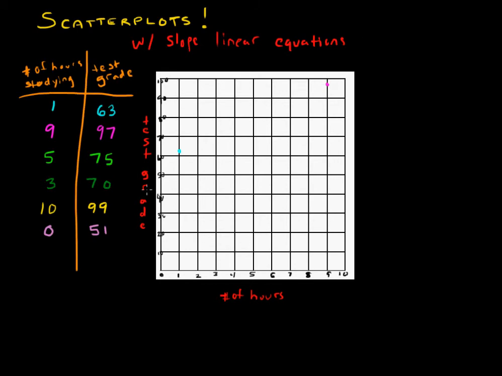So 5 hours, 75, it's about right in the middle, right there. 3 hours was a 70, and that's a nice point to graph. 10 hours was a 99. So that person just killed it right there. And 0 hours was a 51, right there on top of where I wrote 50.